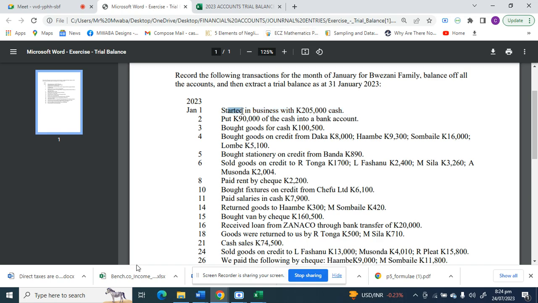Okay, all right, so now we go to the second transaction, 2nd January. Put 90,000 of the cash into a bank account. So, first thing we identify what transaction is going on here.